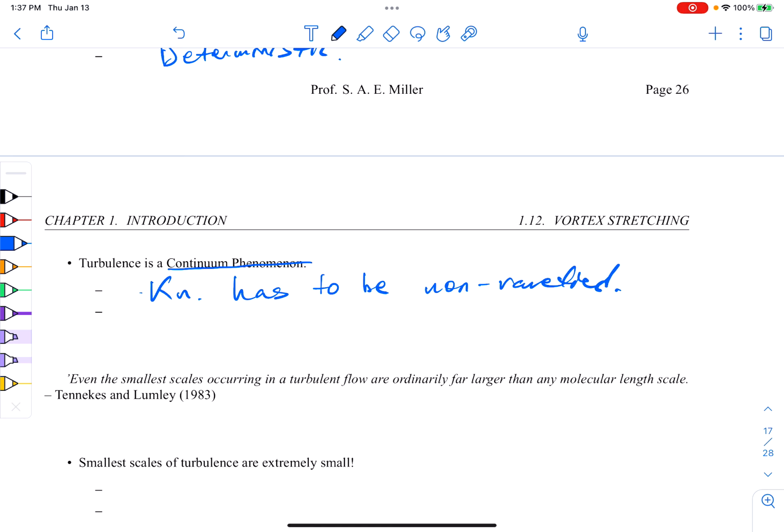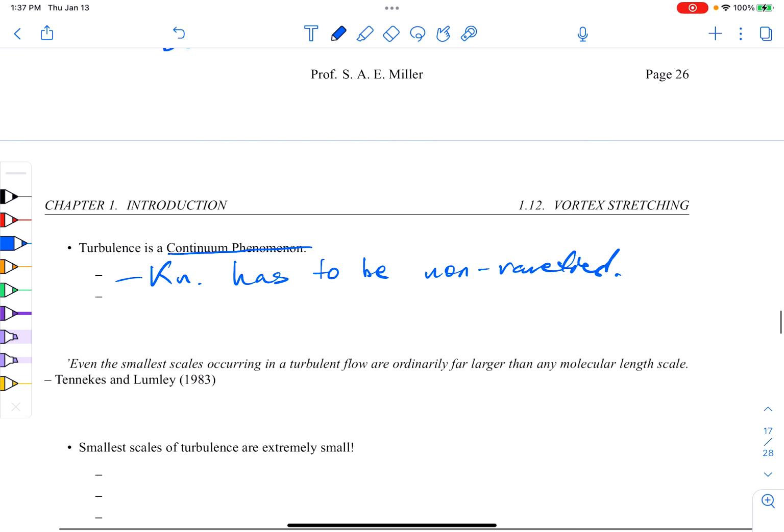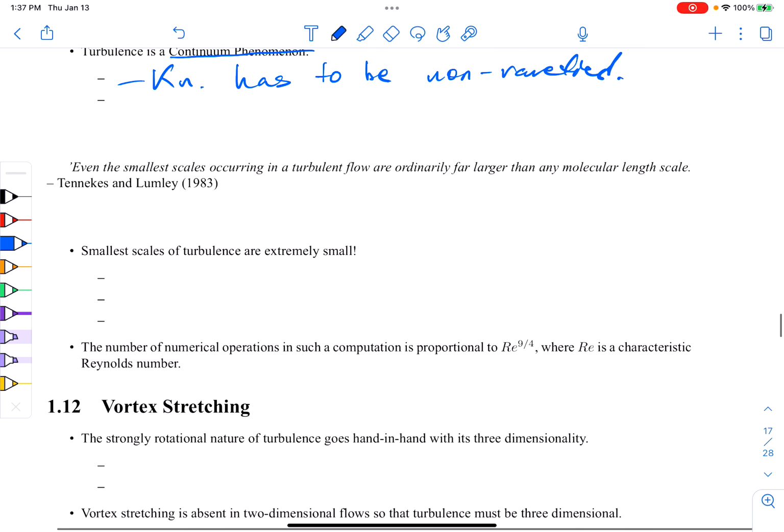And of course, there are whole classes on that. And it's also shown that the Navier-Stokes equations assume that the fluid is a continuum when you start. So that would break down the definition.